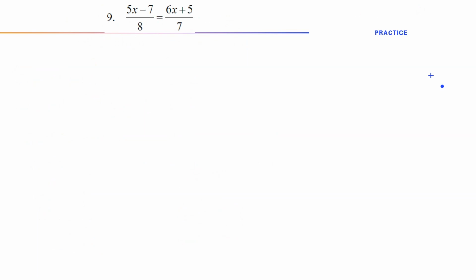Now we go to a new topic. If we have fractions a over b equal c over d, then we can rewrite them as a times d equal b times c.